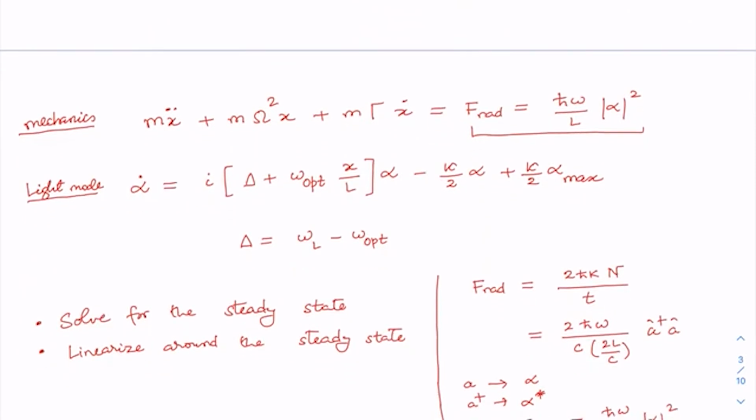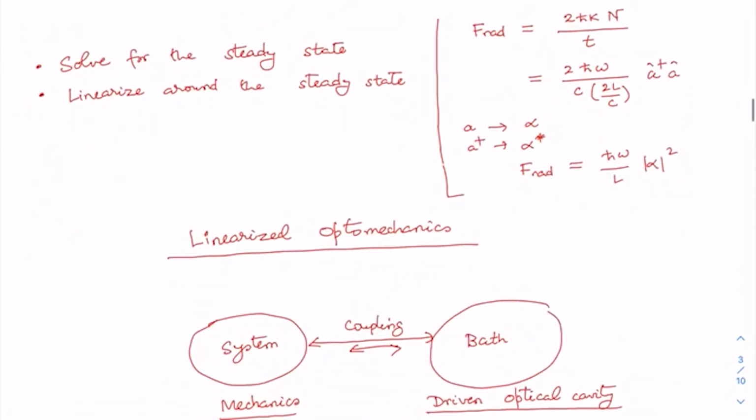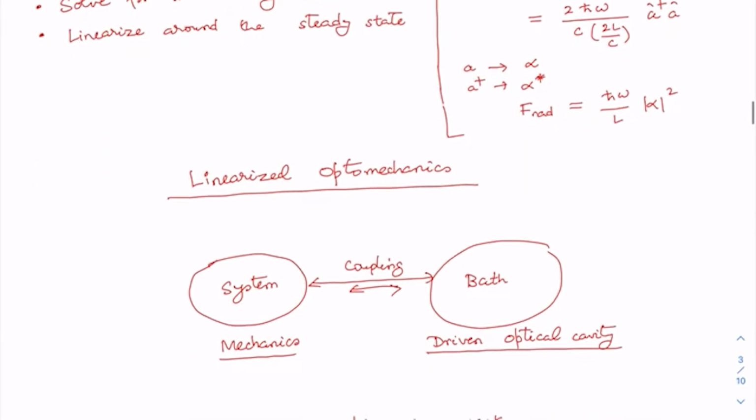Then we try to solve these two equations for the steady state, and we have linearized it around the steady state. To do that, we assume that the coupling between the system and the bath is weak.